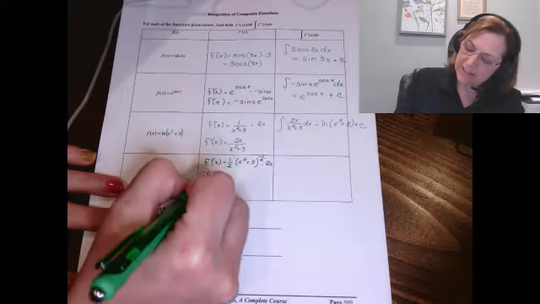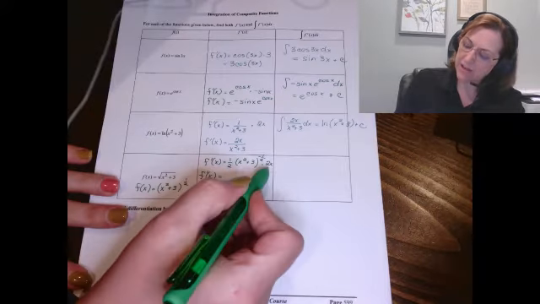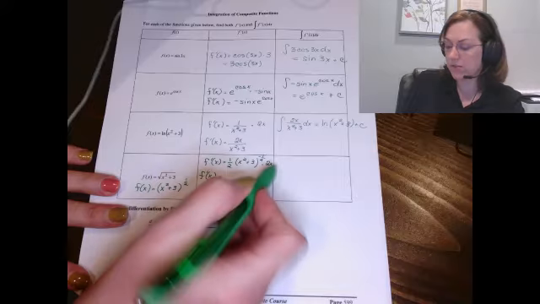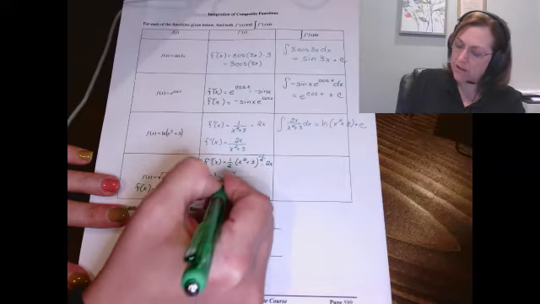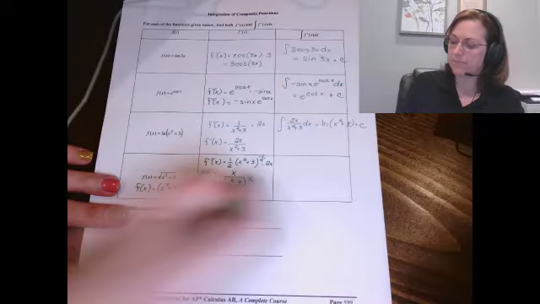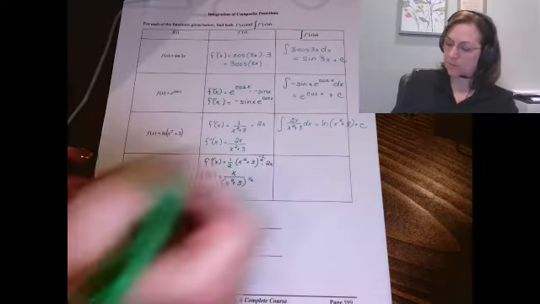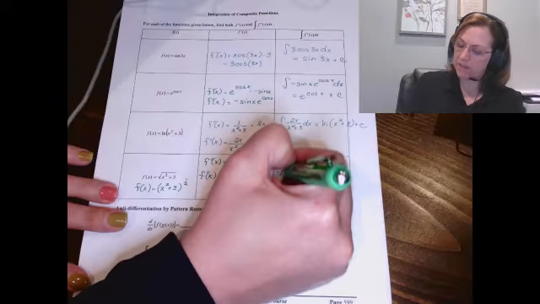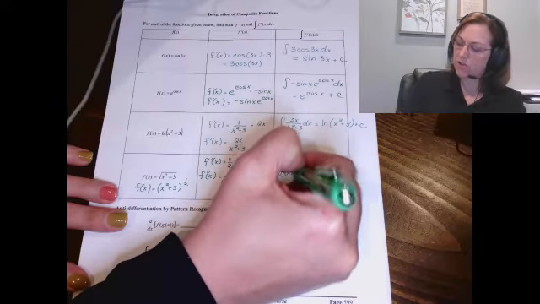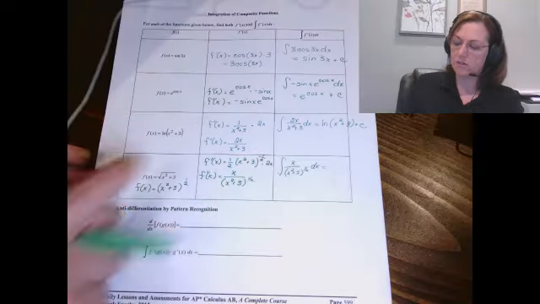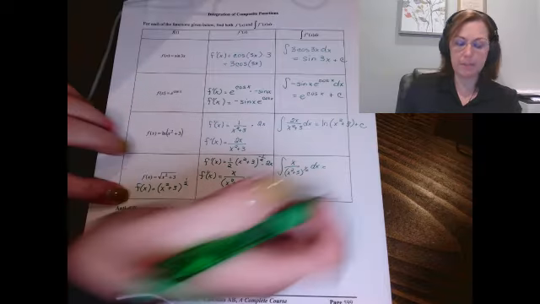So if I clean that up, I've got the 2 times a half, that gives me 1. So I've got the x on top. And on the bottom, I've got the x squared plus 3 to the 1/2. Okay, so if we take the antiderivative of the x over x squared plus 3 to the 1/2 dx, we should get the function back.